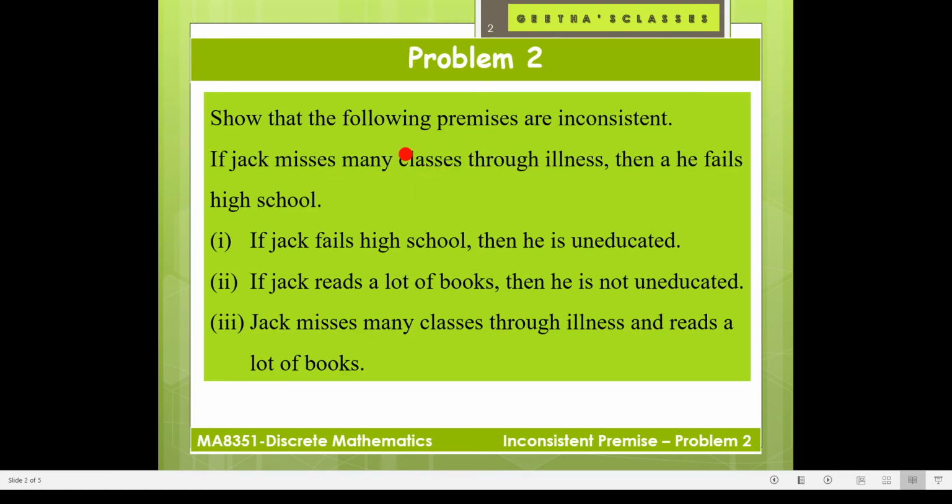This is in terms of classes, so you can take it as C. He fails high school, it is mentioning school, so you can take it as S. Jack is uneducated, you can take it as U. And Jack reads a lot of books, you can take it as B. Like that you can take simple letters, and then we can easily frame the premises. This is the statement given in the problem.